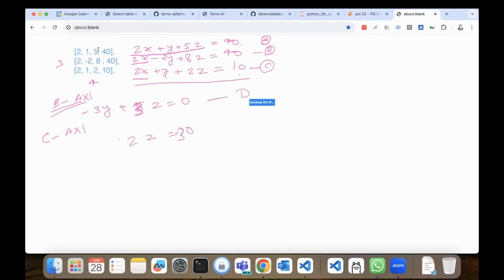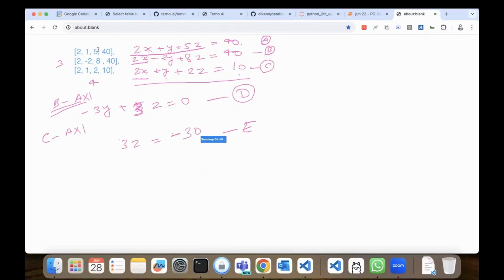Is it minus 3z or 3z? Oh yeah, this is 3z equals how much? 3z equals minus 30.